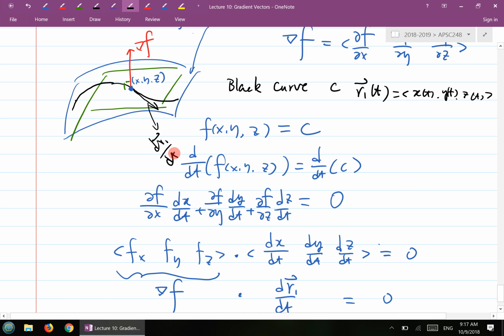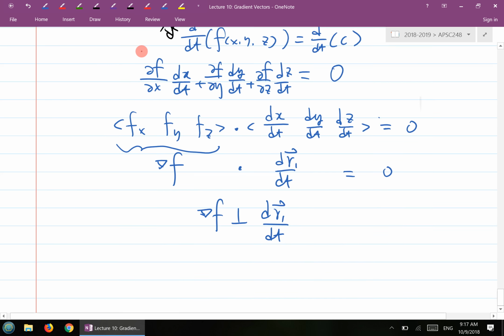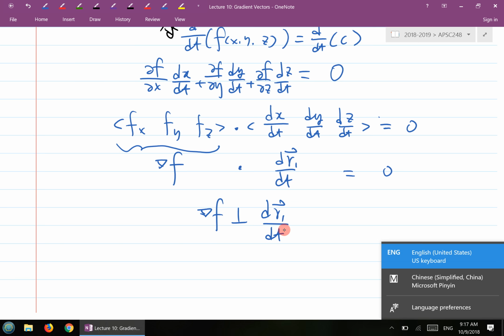At that point. So what we just showed is that it doesn't matter which curve. I can draw an arbitrary one here. I can maybe draw a different one here, which is also a curve on that level surface. As long as it's a curve on the surface, you draw a tangent vector for that particular curve, and del f will always be perpendicular to the tangent vector.